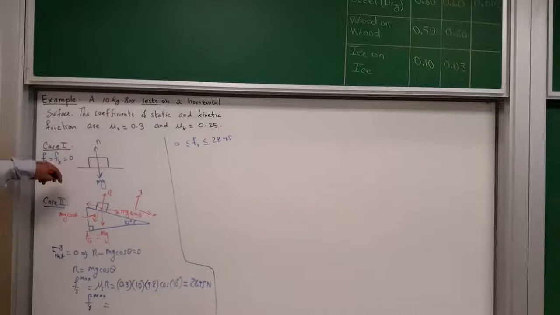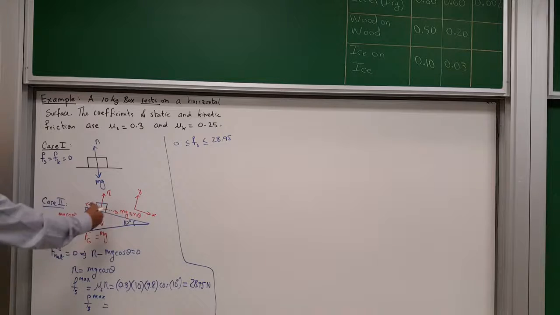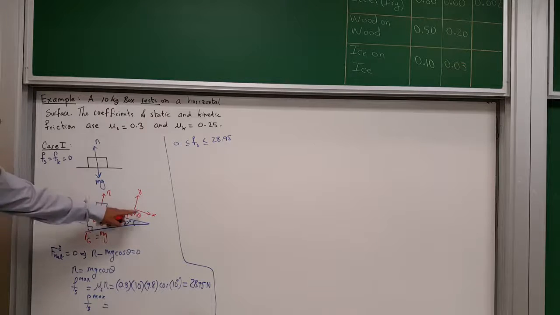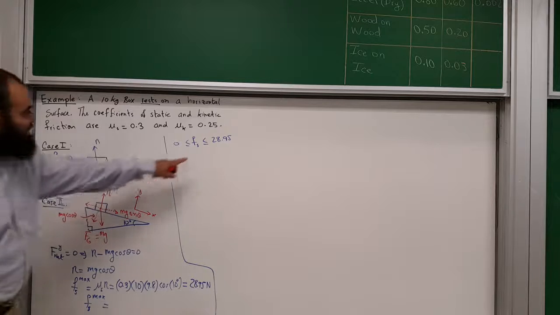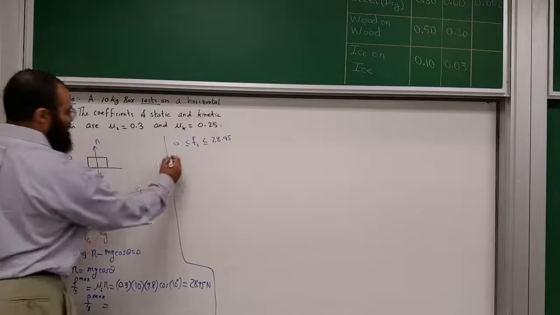When it was flat, the force of static friction was 0. When you tilted it this way, there is an mg sine theta, so the force of friction will try to counter that. So let's calculate the mg sine theta and see. If the mg sine theta is less than this value, then the force of static friction can keep up with it and prevent it from moving. So let's calculate the mg sine theta.